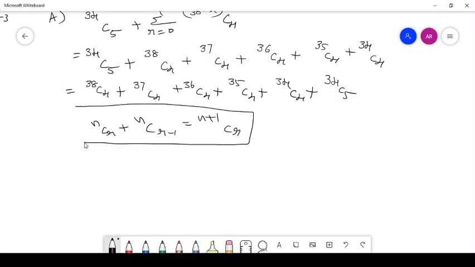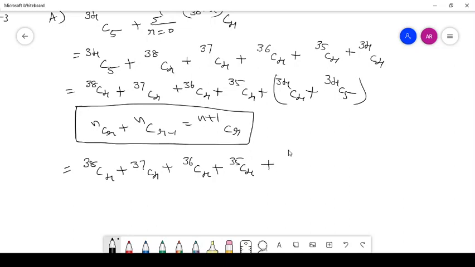Throughout the problem you have to use this result. First 38C4 plus 37C4 plus 36C4 plus 35C4, the last two terms, you apply this formula, plus n plus 1, 34 plus 1, that is 35C, here the highest value of r is 5, so 35C5.